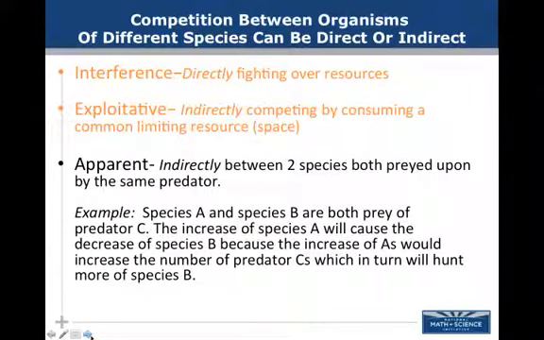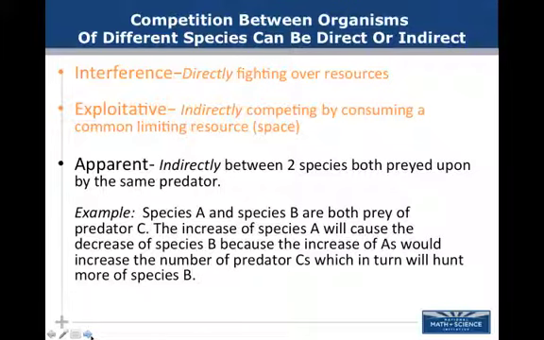And then you have apparent, which is also indirect, between two species that are both preyed upon by the same predator. Let me give you an example of that. Species A and species B are both predators of species C. The increase of species A will cause a decrease of species B, because the increase in A would increase the number of predators, which in turn will hunt more species B.